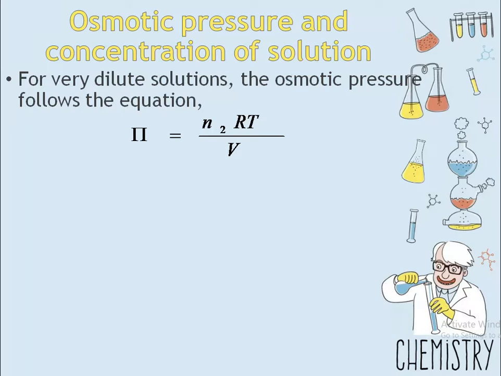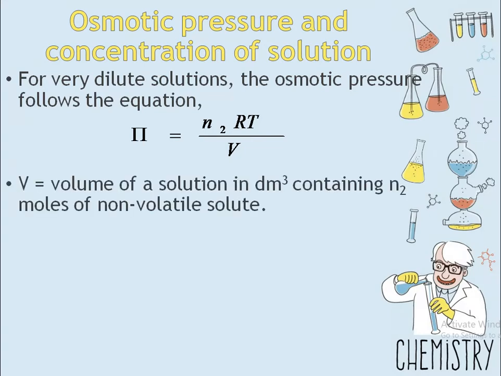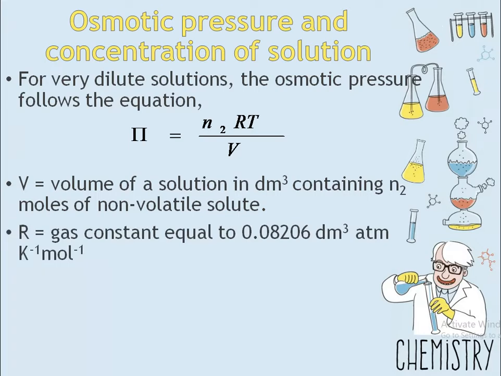We know that n2 is the number of solute particles, so osmotic pressure also depends on the number of solute particles, hence it is a colligative property. Here V is the volume of the solution in dm³ or liters containing n2 moles of a non-volatile solute. R is the gas constant. π is the osmotic pressure in atmospheres.